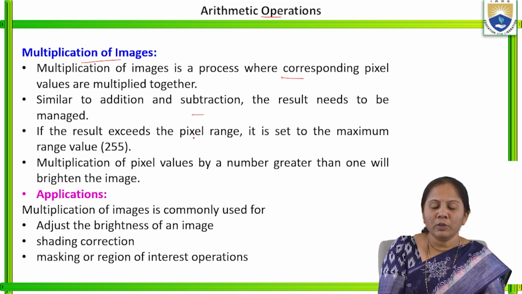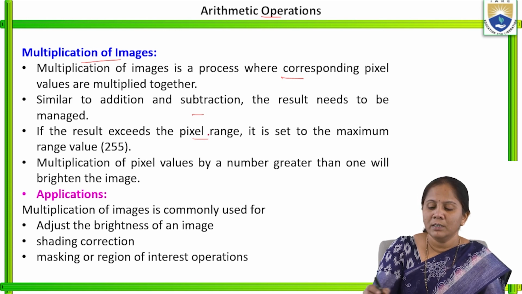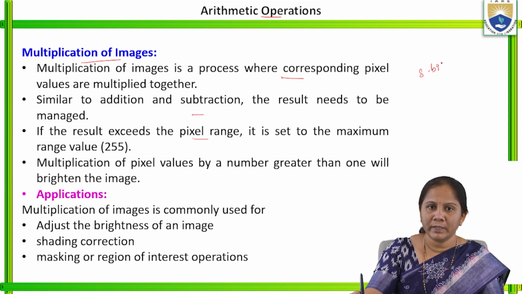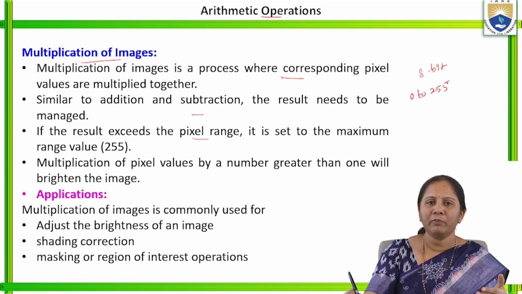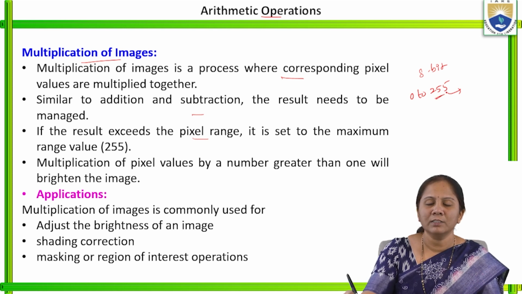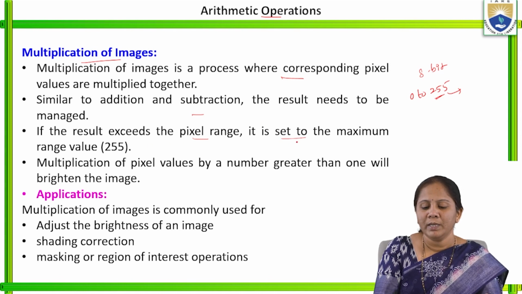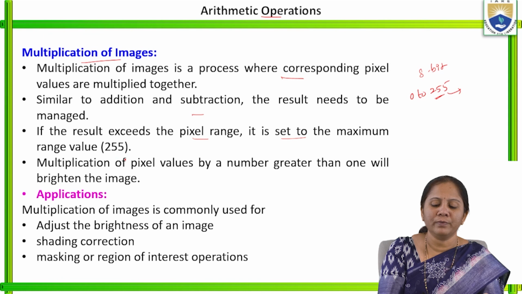When you are multiplying any two intensity values, the result may be greater than the limit. Here we have considered an 8-bit grayscale image, so the limit is from 0 to 255. If we perform the multiplication operation, sometimes the result may be greater than 255. In such a case, we have to limit it to the maximum value, that is 255. So if the result exceeds the pixel range, it is set to the maximum value, that is 255.